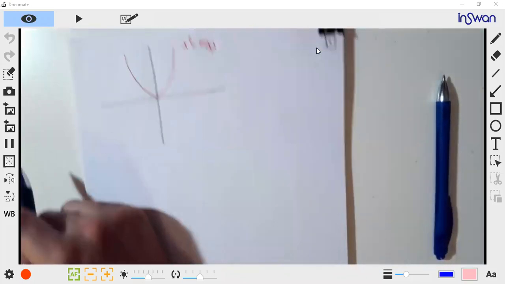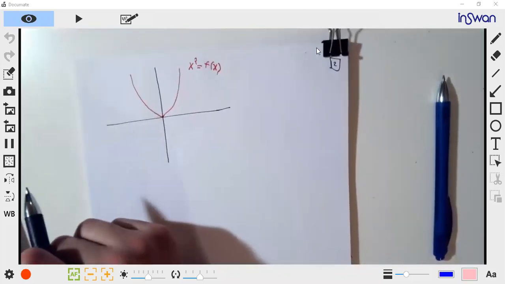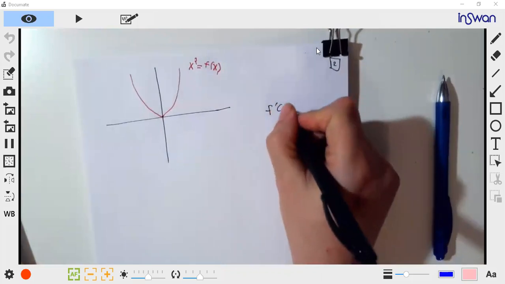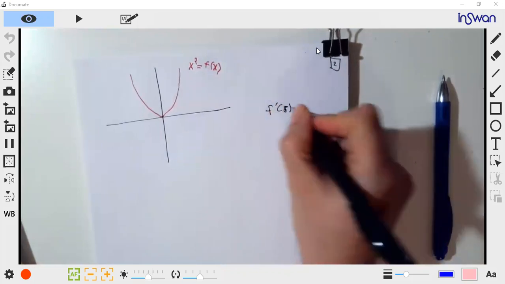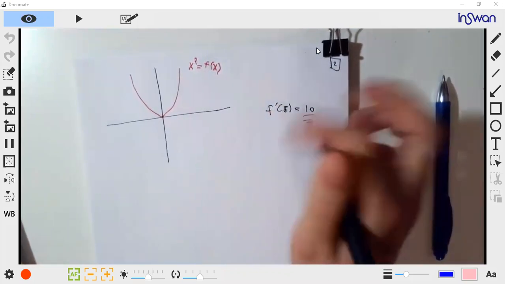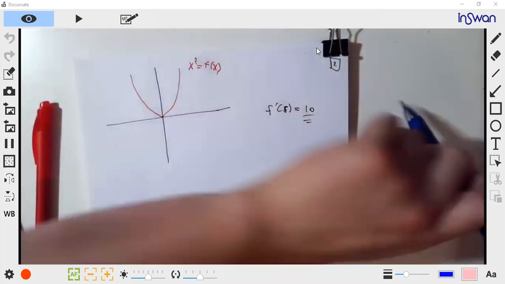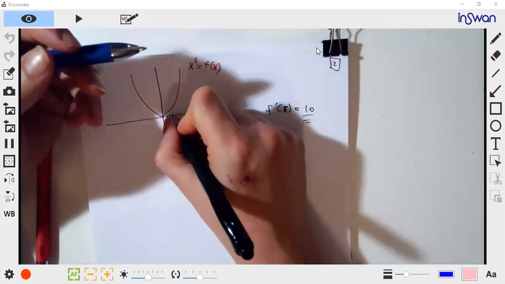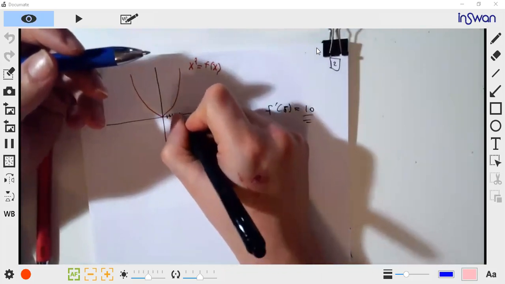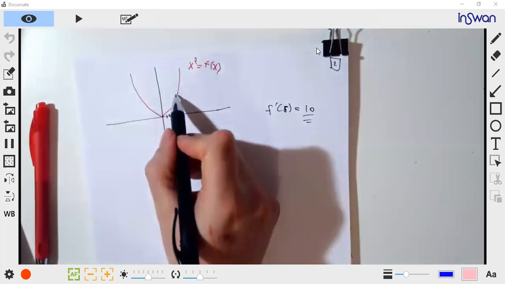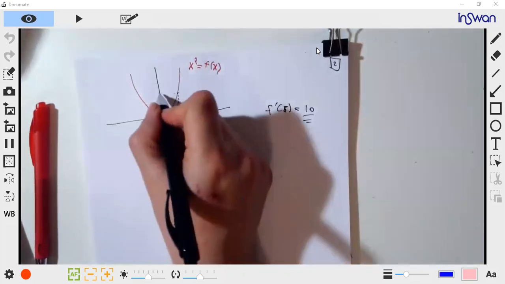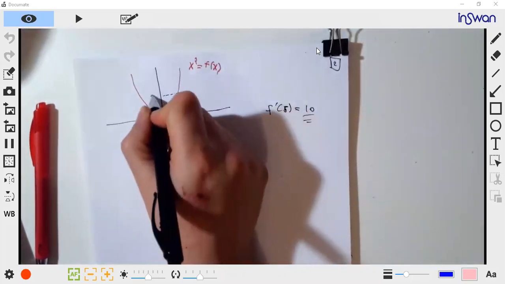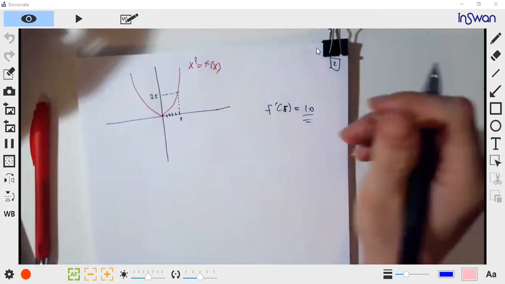When we discovered that f prime of 5 was equal to 10, what that implies is that here at 1, 2, 3, 4, 5, here we have f of 5, which is 25, because that's what 5 squared is.